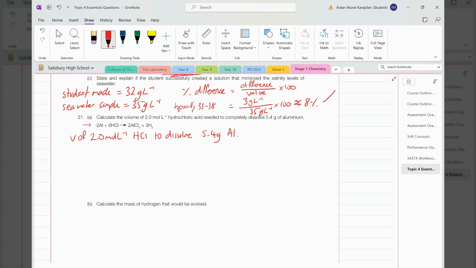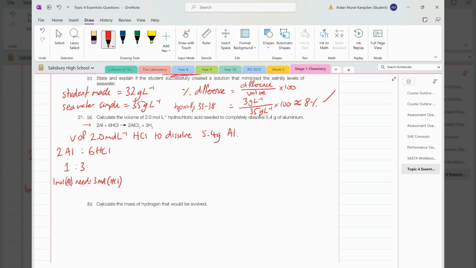So if we have 2 of aluminium and 6 of our HCl, that's giving us a ratio of 1 to 3. So for every 1 aluminium, we have 3 HCl's. That also means that for every 1 mole of aluminium needs 3 moles of HCl to react with.